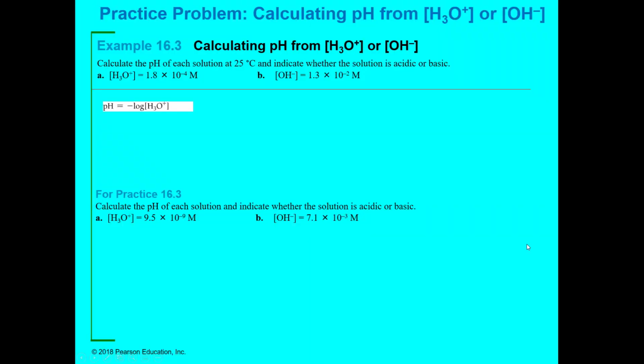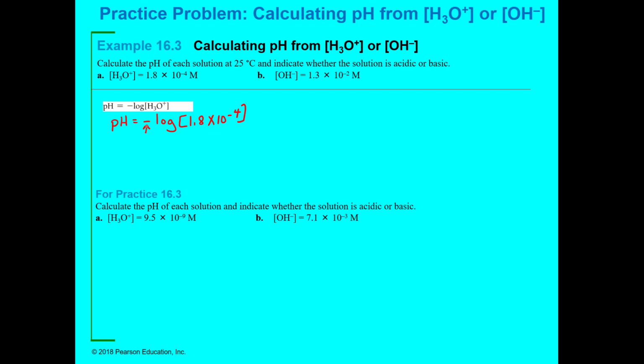So to calculate the pH of a solution at 25 degrees C, when we know first the H3O plus, we know that pH is equal to the negative log of the H3O plus. So the negative log of 1.8 times 10 to the minus 4. You have got to make sure that you can put this in your calculator correctly. That negative sign is the one that's usually found down at the bottom, in parentheses. That's how you change the sign.